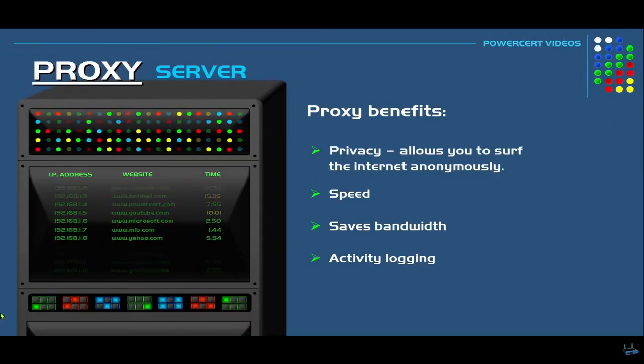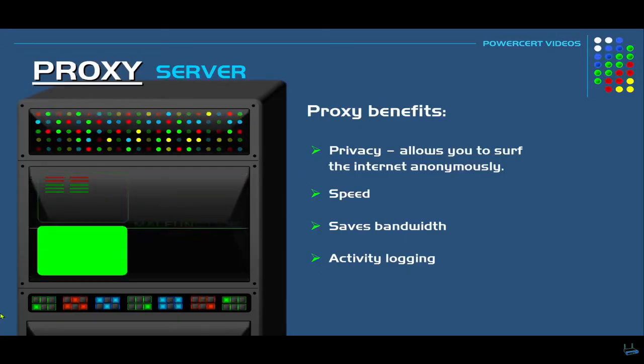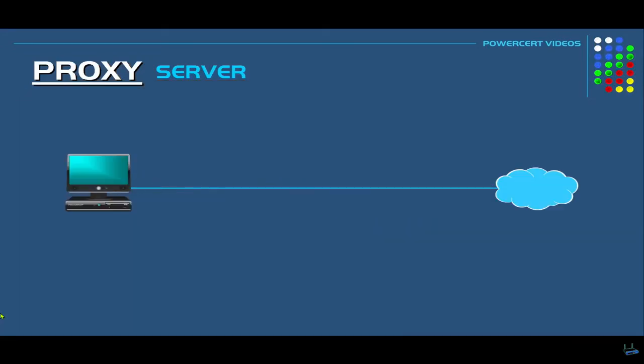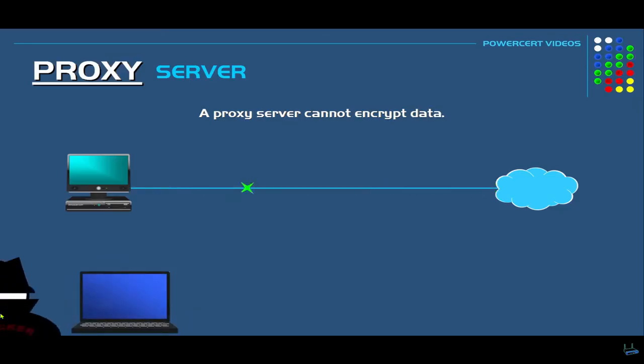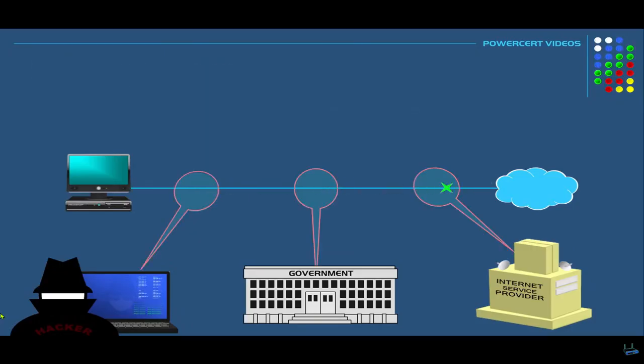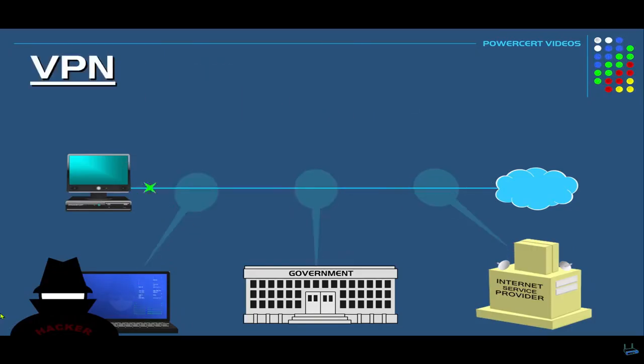And in addition, a company can also configure the proxy to block certain websites to keep their employees from visiting them. Now there's one notable thing that a proxy server can't do, and that is encrypt data as you surf the internet. And when data is not encrypted, the data can be intercepted by hackers, ISPs, or governments with the proper equipment. So this is where a VPN comes in.